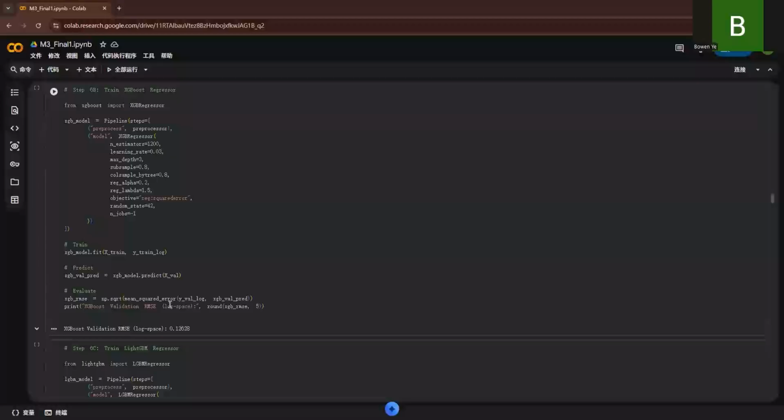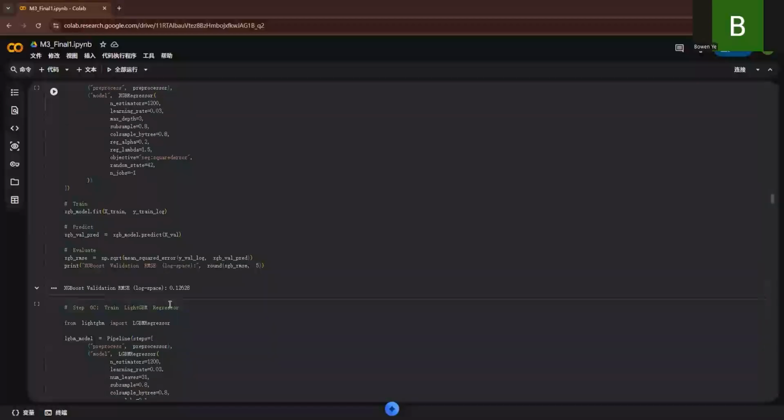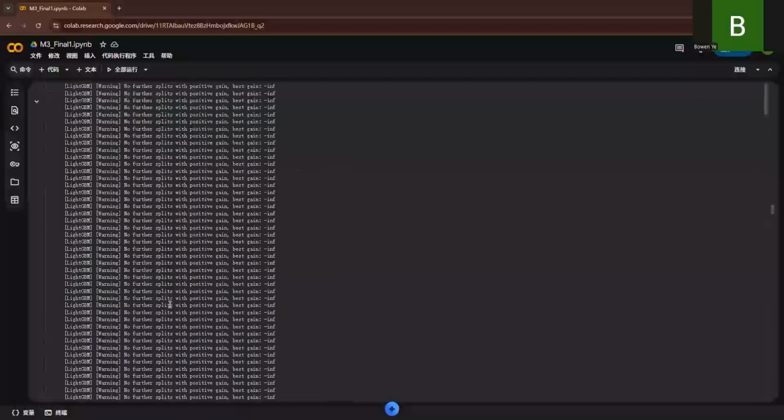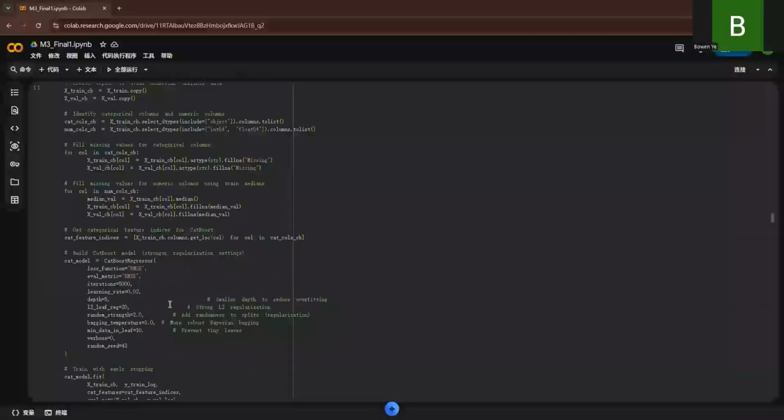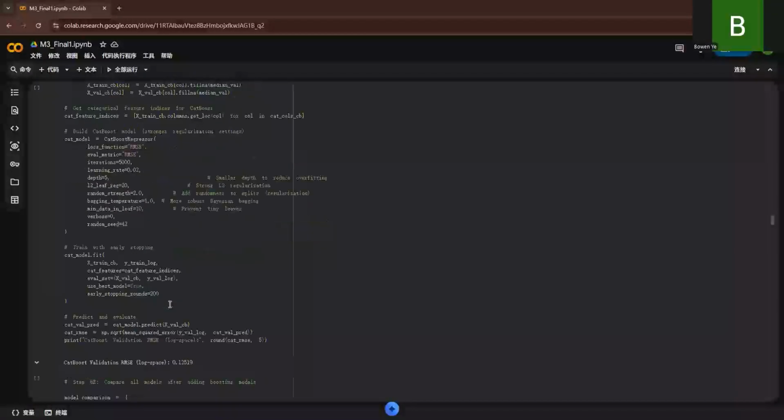CatBoost was included because it is particularly effective at handling categorical relationships. Hyperparameters such as learning rate and tree depth were selected conservatively. The intention was not to aggressively minimize training error, but to control overfitting.